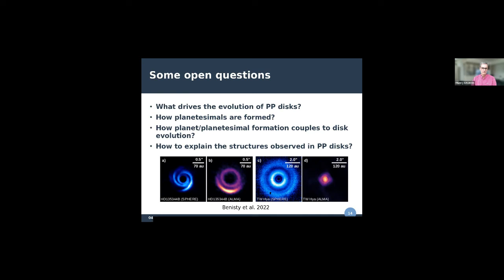And indeed, this is the same disk observed here in millimeter and here in micron waves. Here we see much smaller dust, which has a much smaller Stokes number, so it tends to follow the gas, and you don't see such concentration. So that's also why it can be interpreted as a vortex.